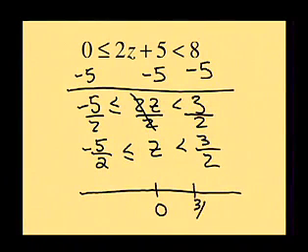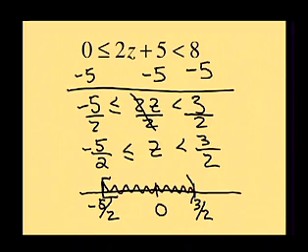Here's 3 halves. This would be negative 5 halves. This time I use a bracket for the negative 5 halves, a parenthesis for the 3 halves, and then I shade in everything in between, and that's the answer that you hopefully got when you worked it out for yourself.